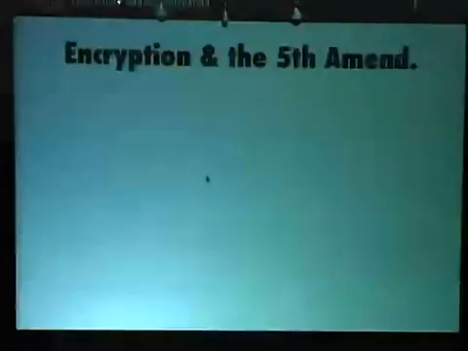I mention that as a segue to talk very briefly about encryption and the Fifth Amendment. This is a whole separate talk that could be done for an hour, but I want to flag this issue briefly because this is another way in which you can find yourself in a little bit of trouble for encrypting.